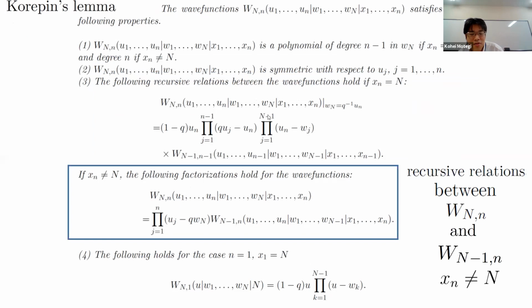So you don't have to evaluate at some particular points, and you can show that this partition function can be expressed as the product of this factor and this smaller wave function.